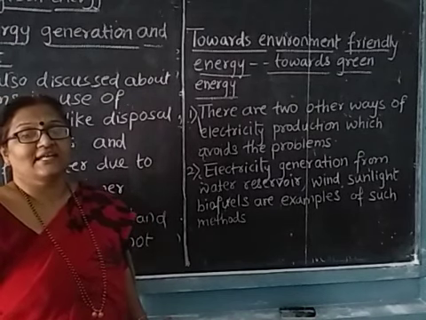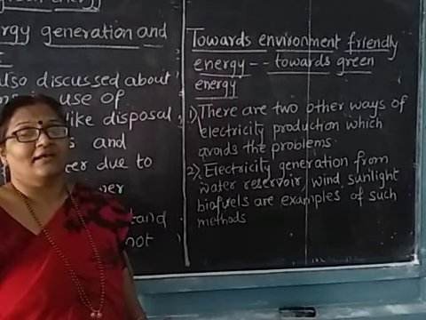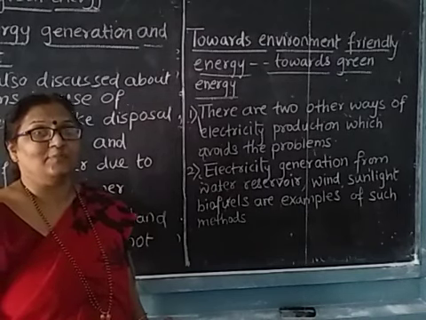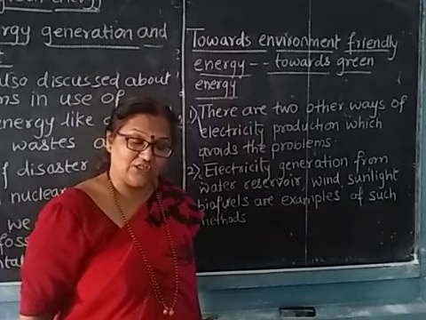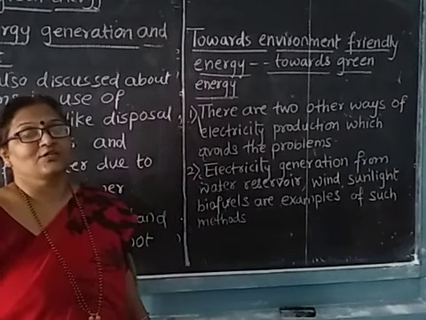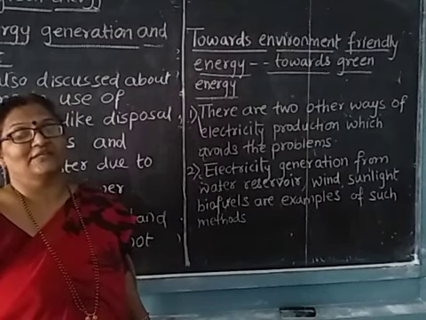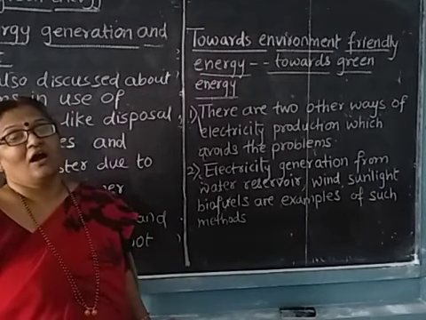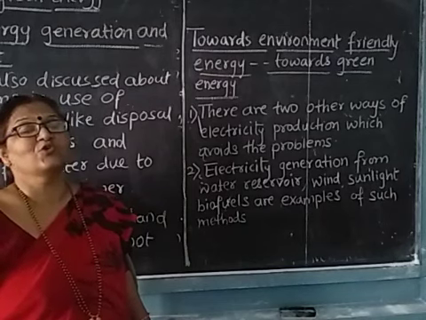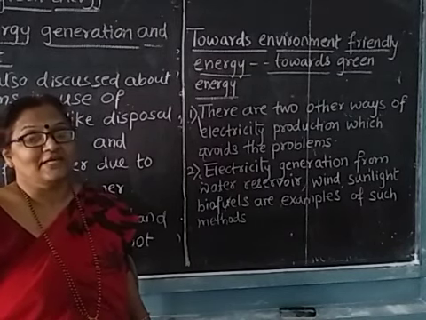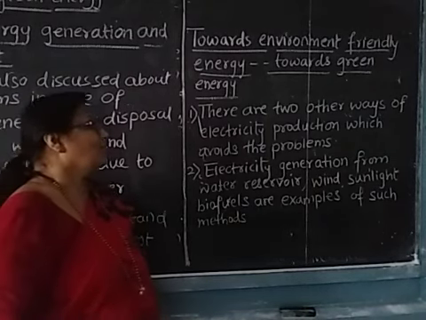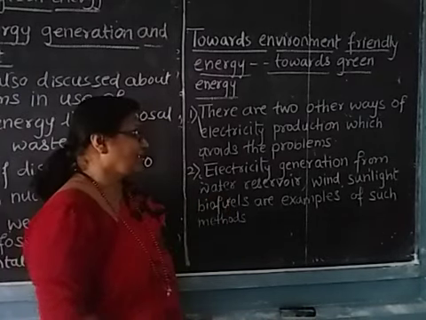There are two types of other ways which can avoid these various problems, that means incomplete combustion of the various fuels, or the problems which are created by the fuels, or the health problems or the problems which are created by the nuclear power plant, which may have a high effect on our body. These all problems we can avoid.